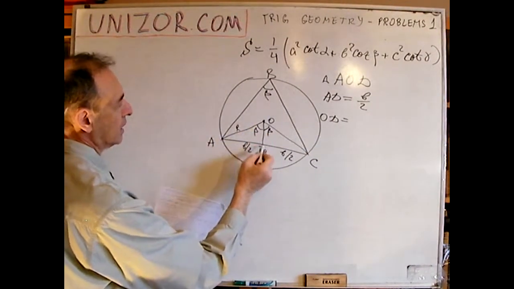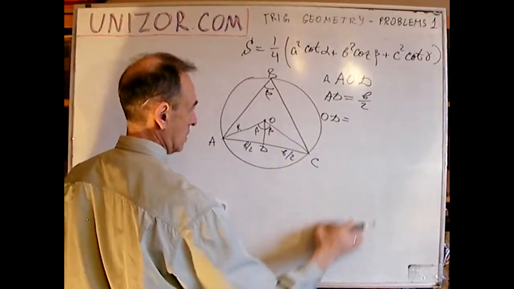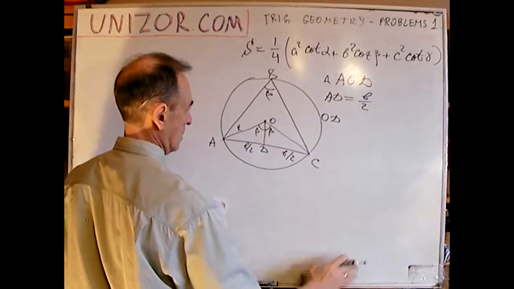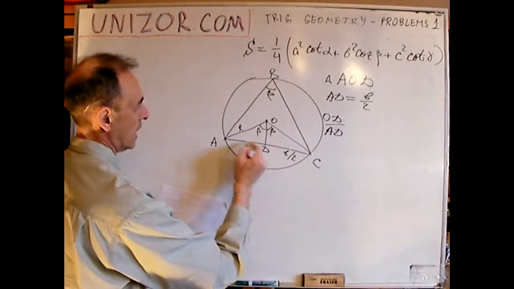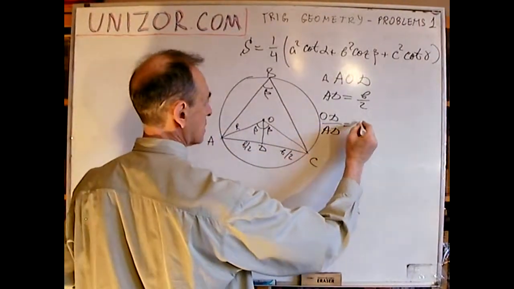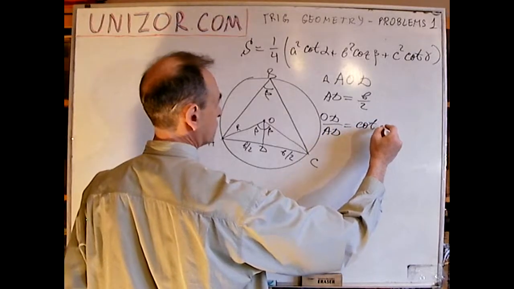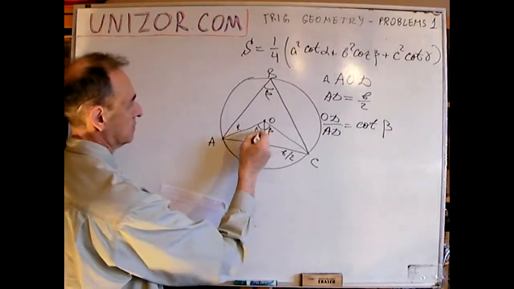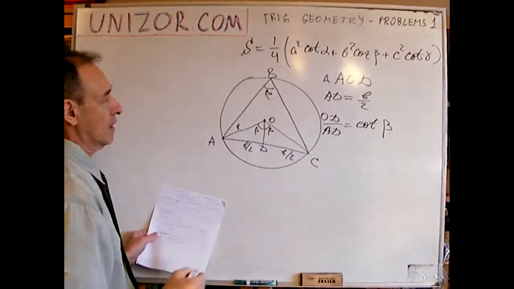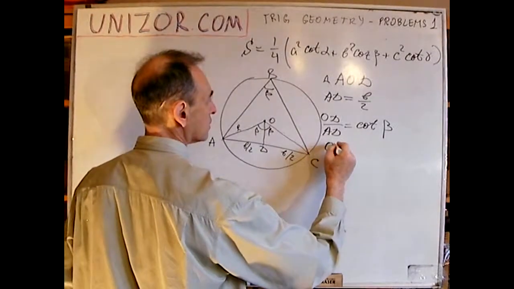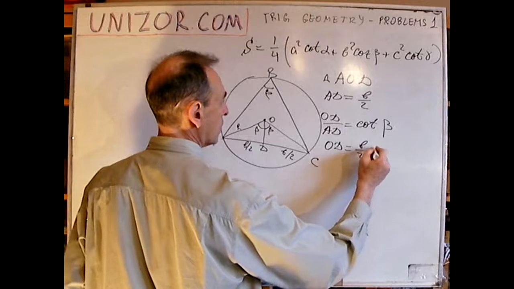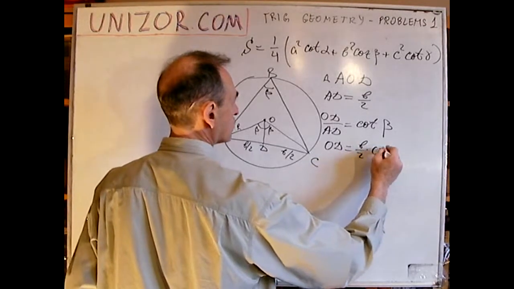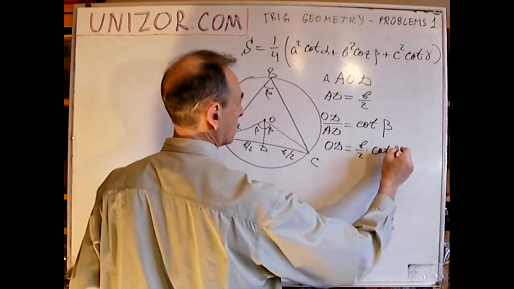If you divide OG by AG, this is a cotangent of beta, of this angle, right? From which we can conclude that OG is equal to AG, which is B over 2, times cotangent beta.